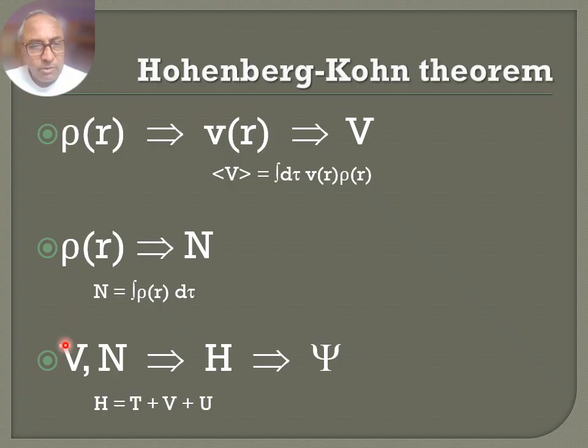Further, since v and N together determine the Hamiltonian, since H equals T plus V plus U, and knowing H, we can solve the Schrödinger equation, that is, we can diagonalize the Hamiltonian to determine ψ. Therefore, knowing v and N, we can determine ψ, or in other words, knowing ρ, we can determine ψ.